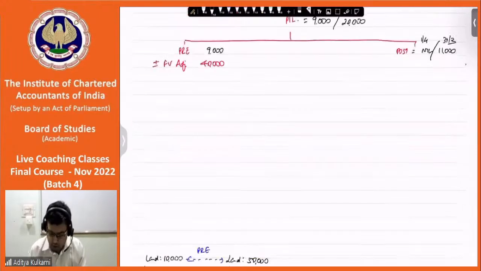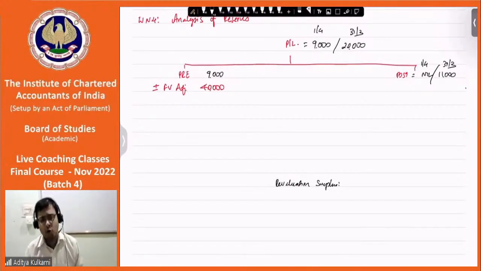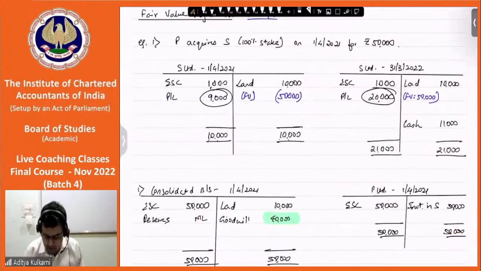Suppose we talk about revaluation surplus. Do I have any opening balance? I do not have any opening balance. This is 0. You can look at S Limited's balance sheet. There is no revaluation surplus. It is following the simple cost model.